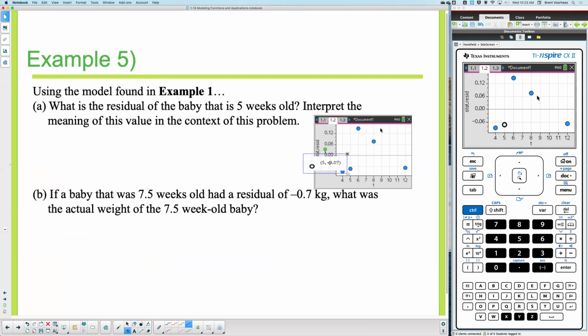Yeah? Okay. So mine's not looking too good anymore, but I'm trying to add it in. There it is. So what is the residual of a baby at 5 weeks old? So on the residual is the Y value. The residual at 5 weeks is equal to negative 0.07.